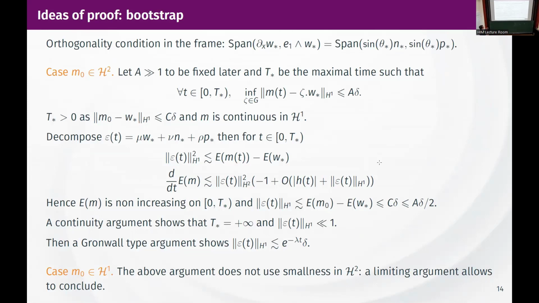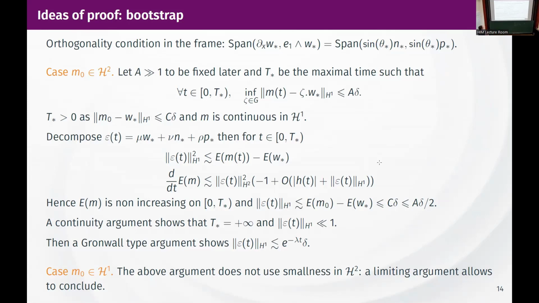You work on the maximal time interval on which you have a good bound, and you improve the bound. So as the condition is closed, the set of times on which it will work is closed, but as you improve the bound, by continuity it will be open.